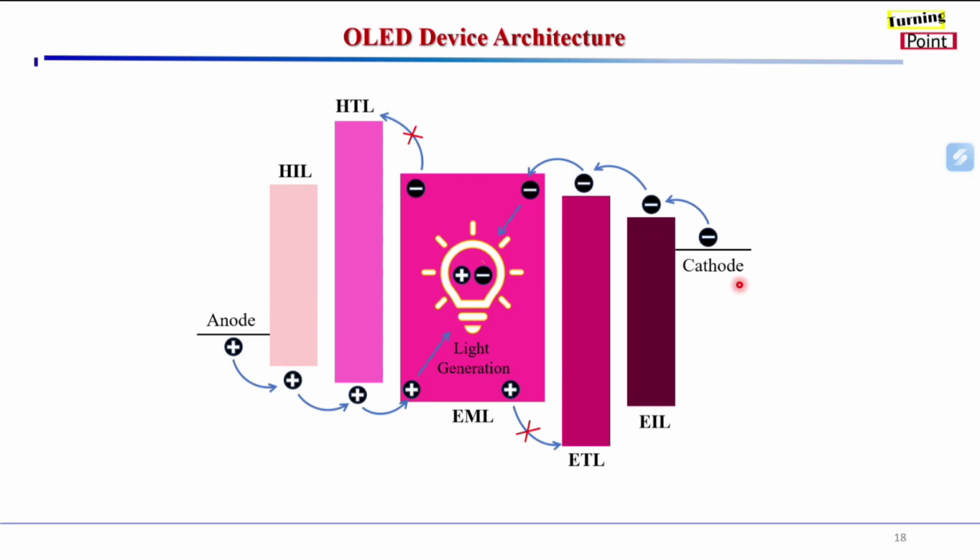On the other hand, the cathode is connected to the electron injection layer and the electron transporting layer, and these two organic layers help to transport electrons into the emissive layer. In the emissive layer, holes and electrons come and recombine and form excitons. And when excitons relax to the ground state, they emit light.